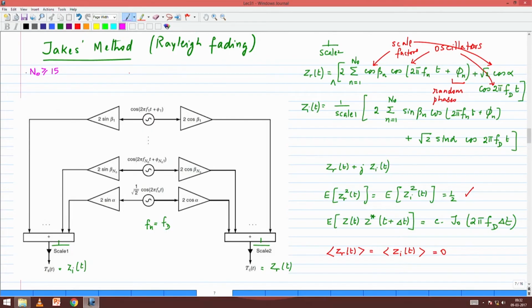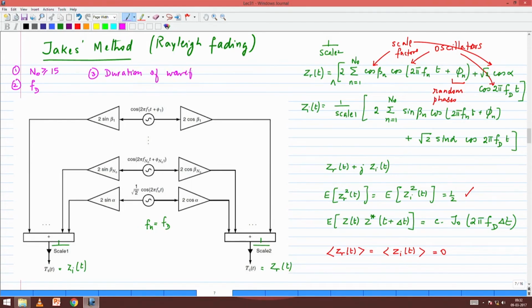You have to first specify n naught. Second, you will have to specify your maximum Doppler frequency, and then you will have to specify the duration of the waveform that you need.